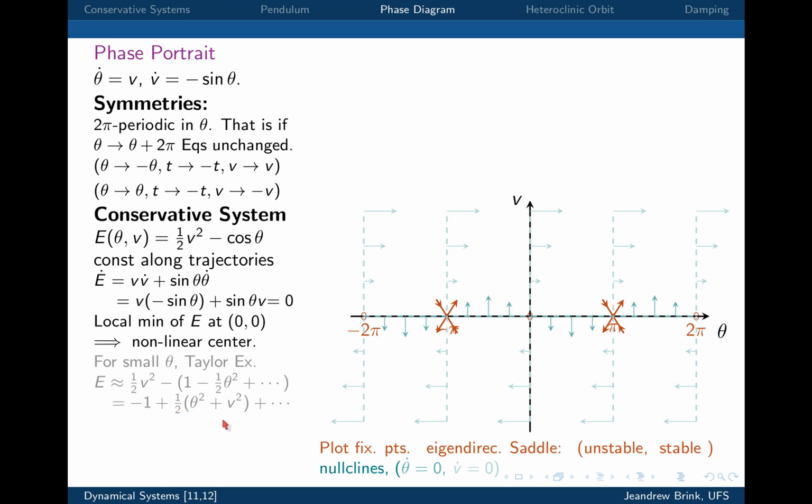So that then gives you a proof that it's little circles, right? If you think of a potential of some function equal to x squared plus y squared, that just gives you a whole bunch of concentric circles. So it's just another way of proving that you have a nonlinear center over here.